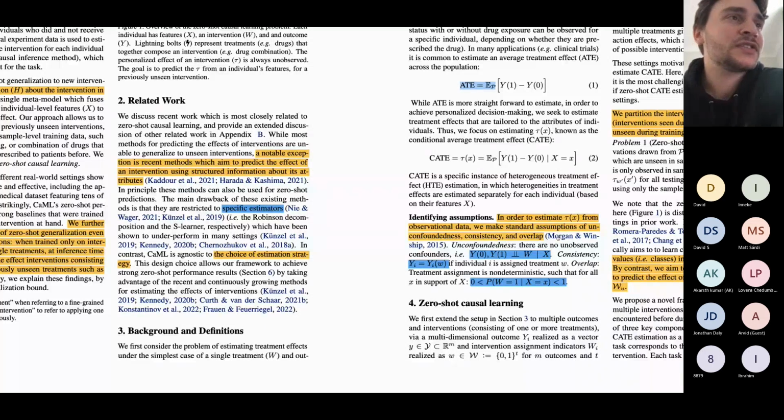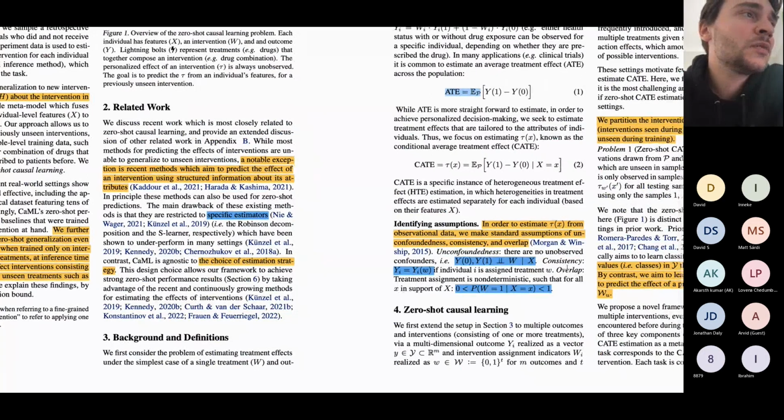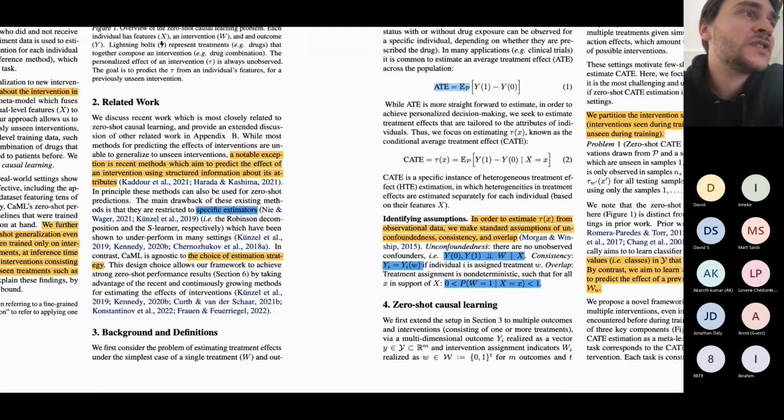assumptions, or things to learn from this paper, I think, if you want to get into causal inference. In order to do all of the math that they do later on, to get some guarantees, to make the equations work out, they make these following three assumptions. The first one is unconfoundedness. There are no unobserved confounders.